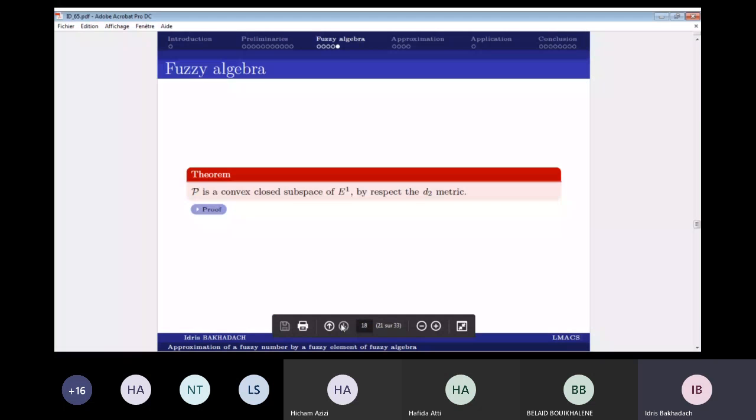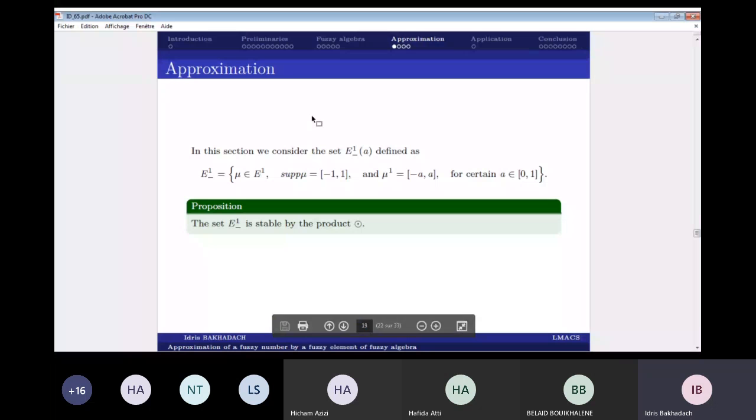Now go to the approximation. In this section, we consider the set E1, A defined in this form.